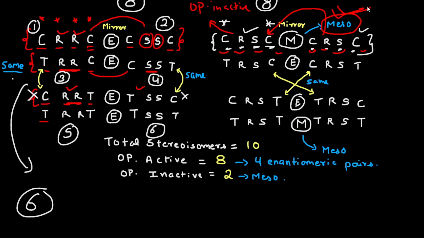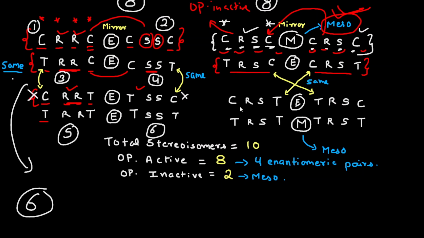So what are meso? Meso are basically those stereoisomers whose mirror image is superimposable on them, and therefore they are optically inactive. Now, taking the next possibility, again you draw the mirror image and you find that these two possibilities are non-superimposable, so these two are different and both are optically active.